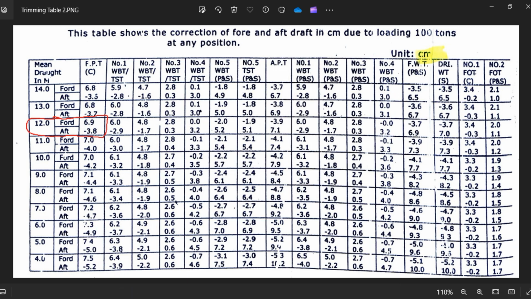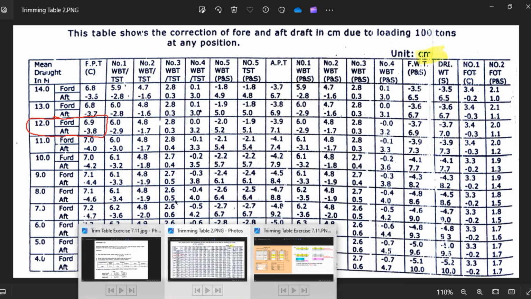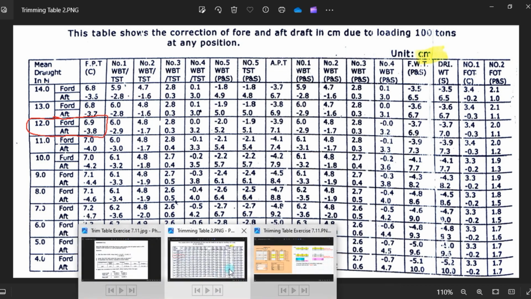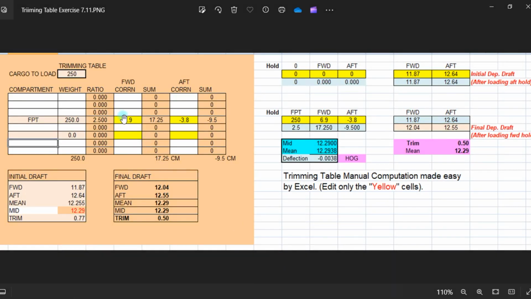So we go to the trimming table. This will be our trimming table. So here you're going to load 250 metric tons in the forepeak tank. That will be 250. Okay, and forward correction is 6.9.